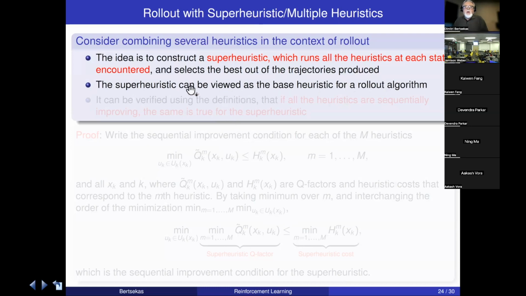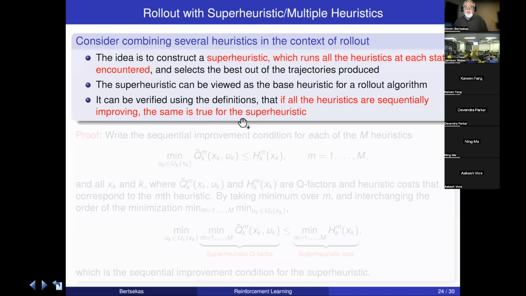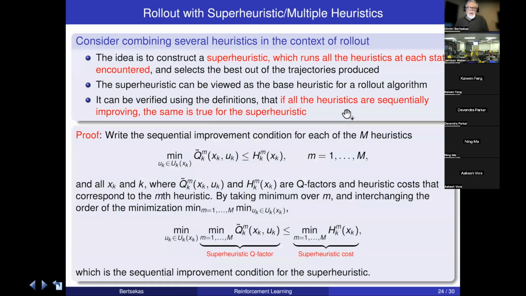Now, more formally, we can view the super heuristic as a different base heuristic for the rollout algorithm. And what we're going to show is that if all the heuristics are sequentially improving, then the same is true for the super heuristic. And for this, we have to verify the definition. Okay, we have capital M heuristics here.